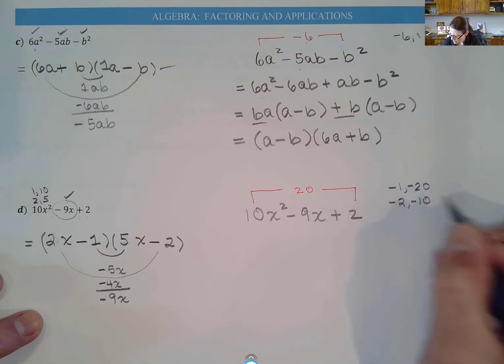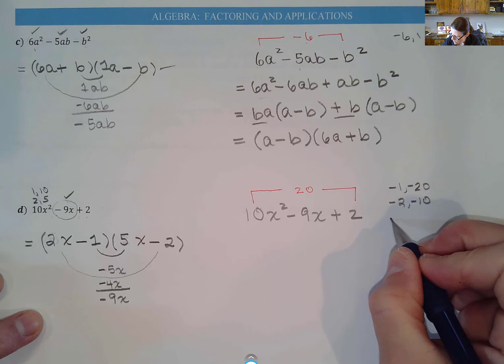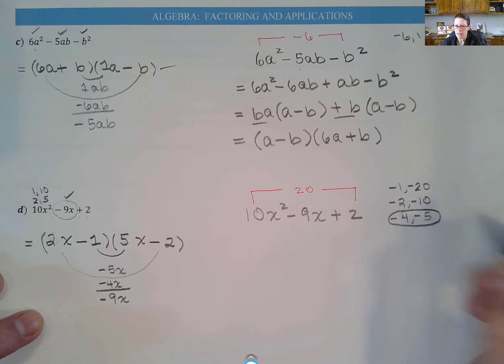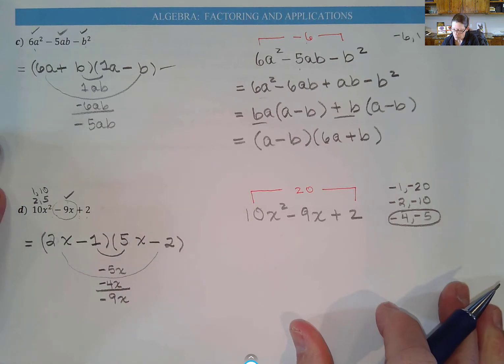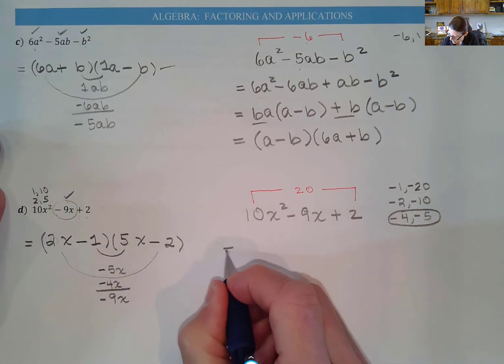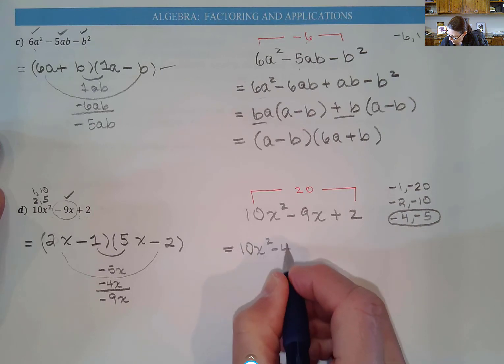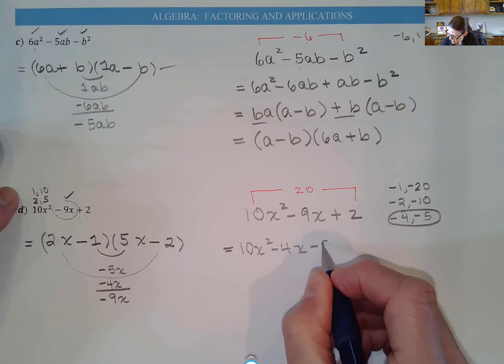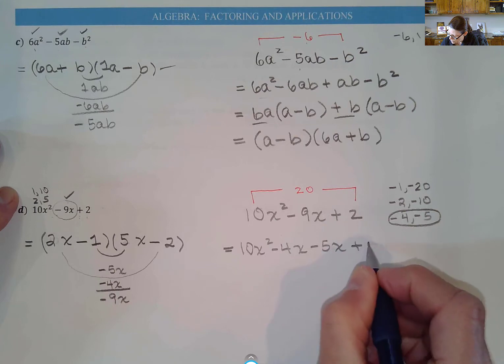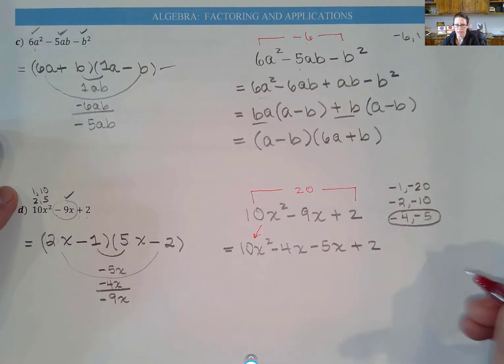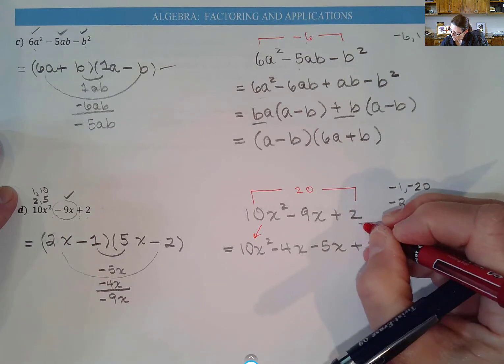Rewrite as 10x squared minus 4x minus 5x plus 2. And again, all we're doing here is writing our first term, writing our last term, and splitting that middle term into pieces. And then we factor by grouping.